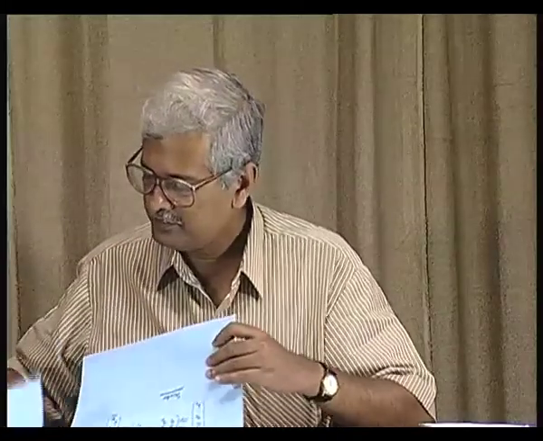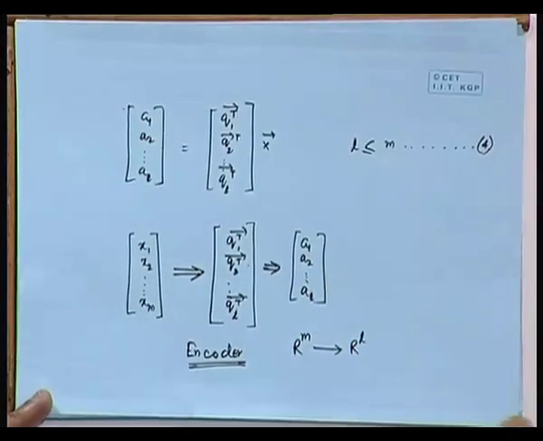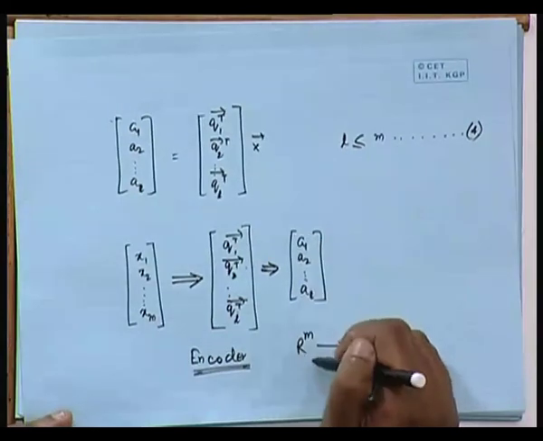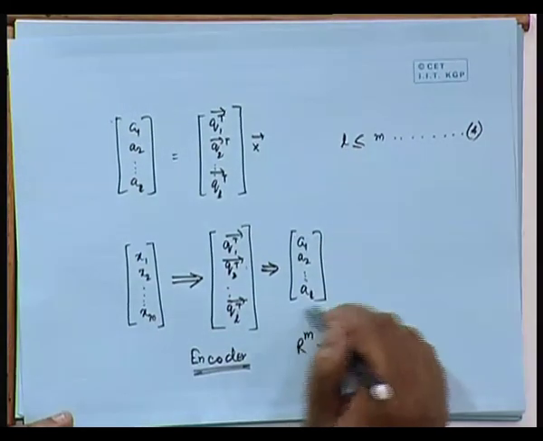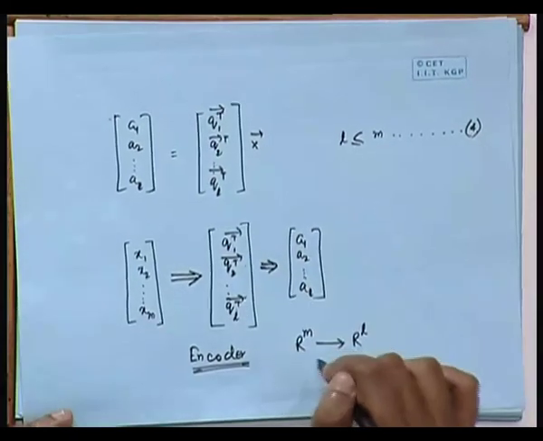You see, this is the encoder, m elements getting mapped into L elements. It was originally supposed to be m elements here, but I decided to chop off in accordance with the minimum variance criteria.